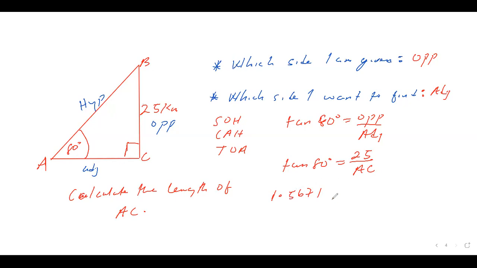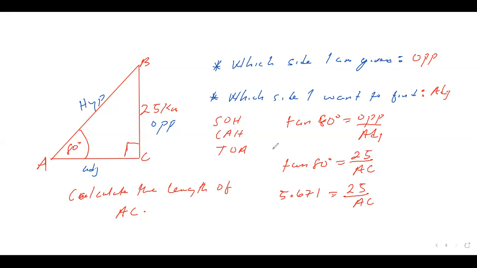So tan 80 degrees is 5.671, over 1, equals 25 over what?